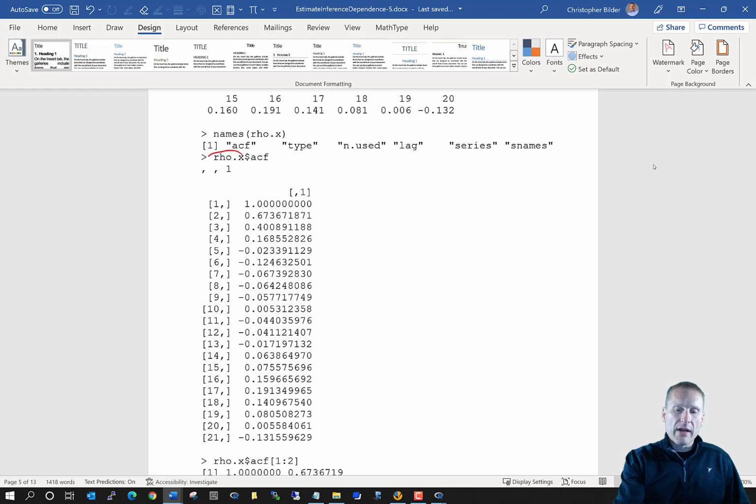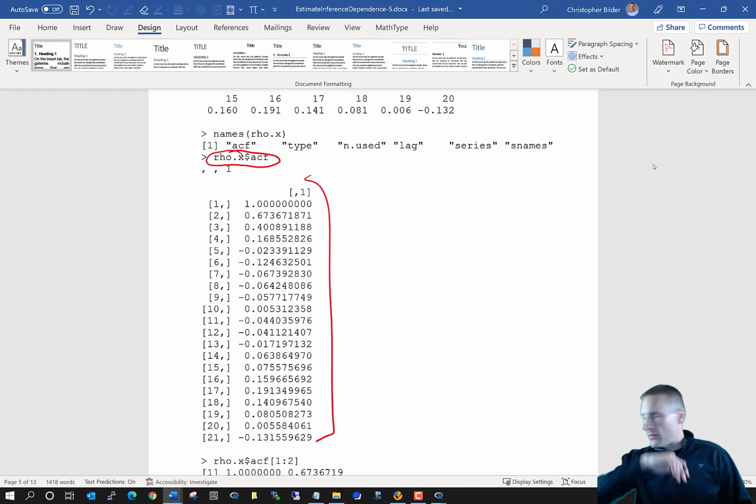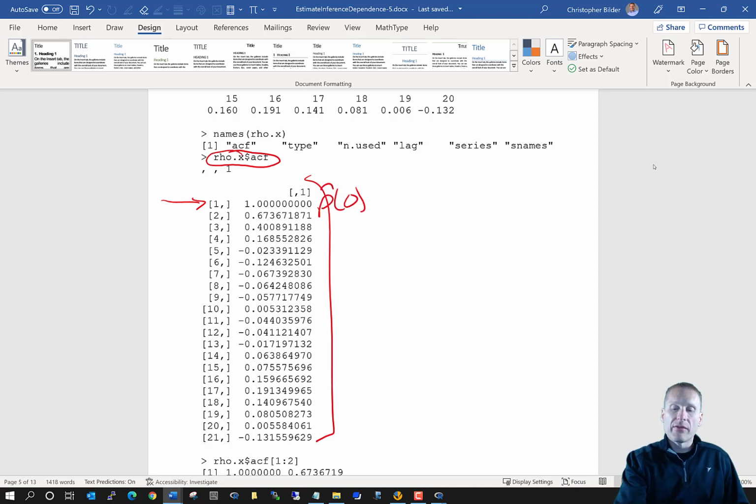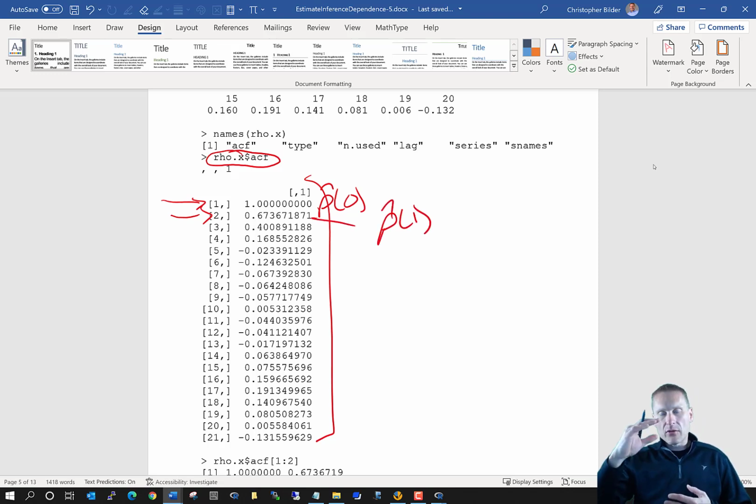So if I pull out acf from that, this is how I can get my actual autocorrelations out. One thing you have to be careful about is that notice the first row corresponds to rho hat of 0. The second row corresponds to rho hat of 1, and so you can see the row number is essentially 1 greater than what your actual lag is.